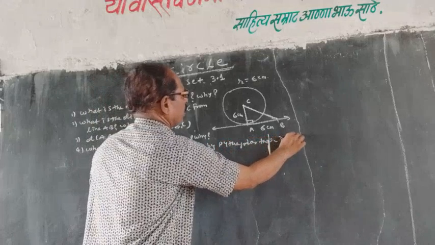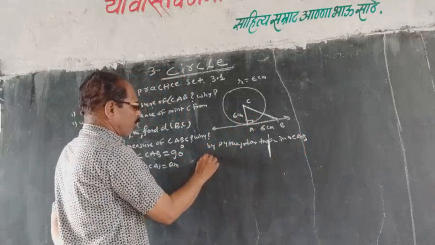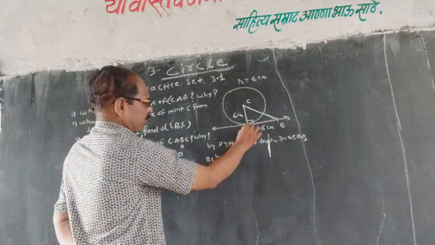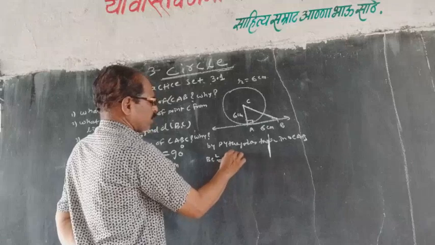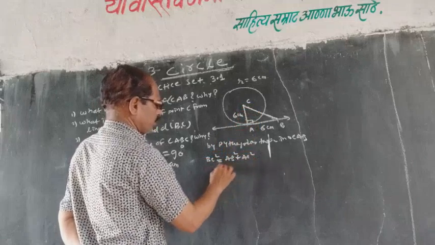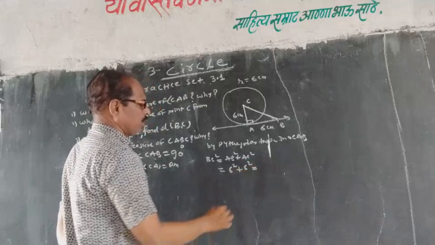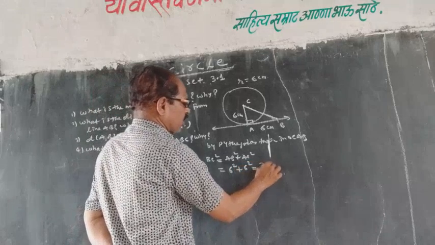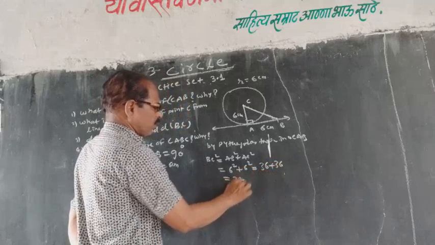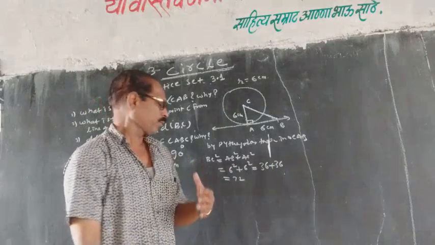In triangle CAB, hypotenuse square BC square is equal to base square plus height square. Base 6 square, height 6 square. 6 square is 36, another 6 square is also 36. 36 plus 36 is 72.